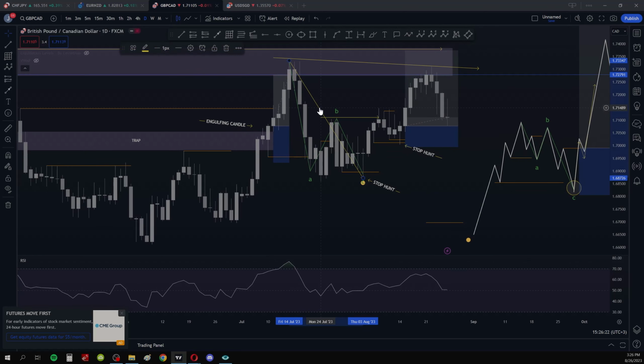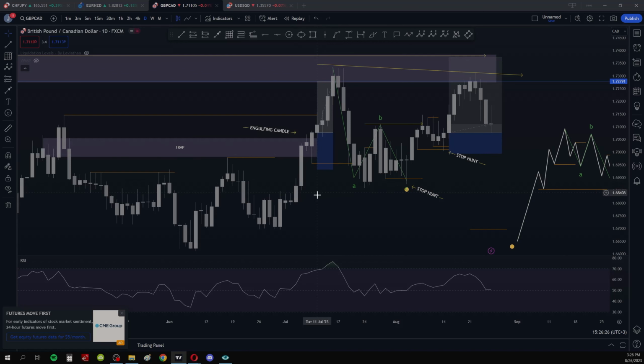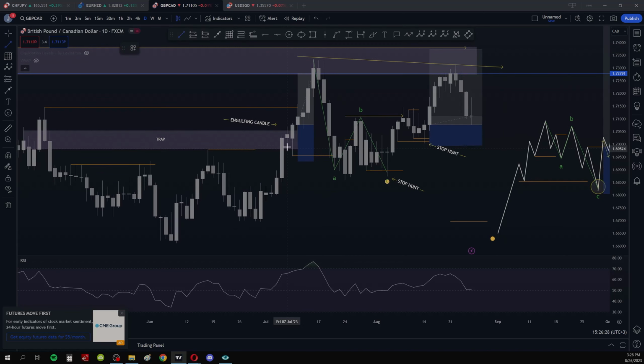But what we really want is for at least one structural point to be broken on a smaller time frame, and that's what has happened here.